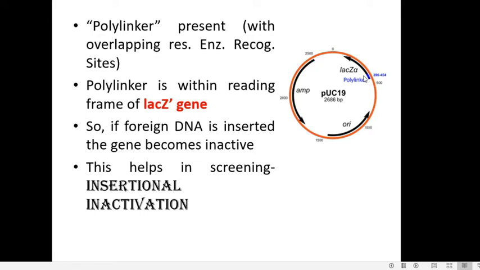For example, the recognition sequence for the enzyme EcoRI is GAATTC. The recognition sequence for SmaI is CCCGGG. So the sequence here will be GAATTCCCGGG.